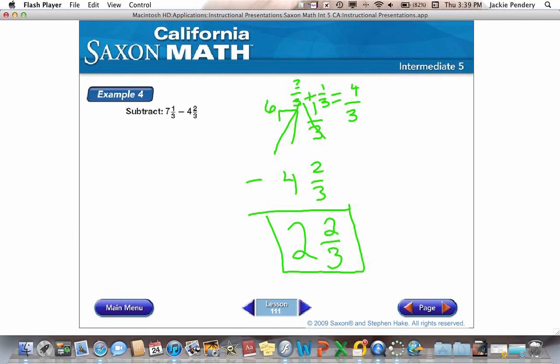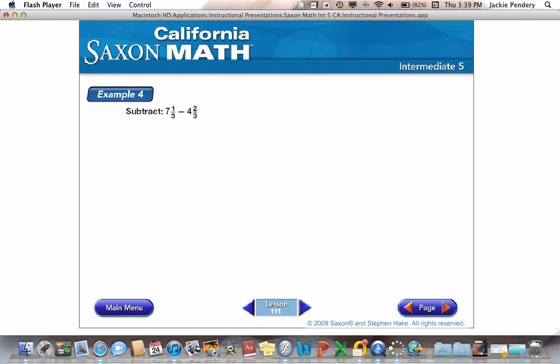Okay? I want to do one more subtraction problem where you have to borrow, so just kind of bear with me. All right, let's take 6 and 1/4 minus 2 and 3/4. Okay, now I can't do 1/4 minus 3/4, so I have to borrow from the 6.